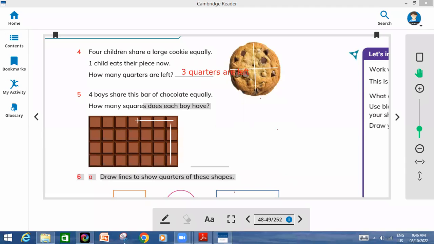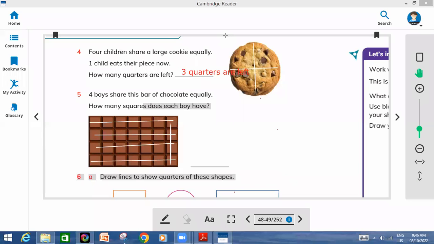So 1, 2, 3, 4, 5, 6, 7 for one boy, 7 for the other boy, 7 for the third boy, and 7 for the last, fourth boy.